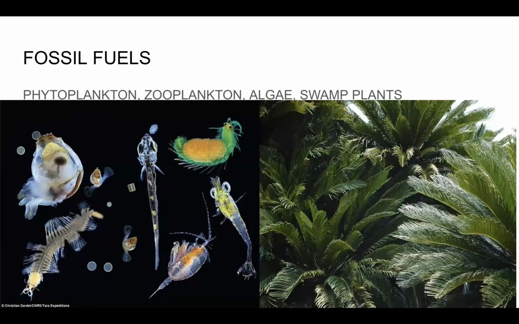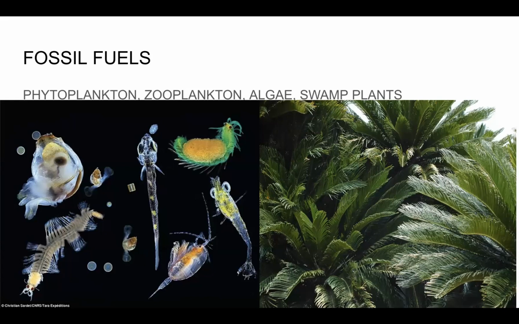Then finally, we're going to look at some fossil fuels. On the left, we can see the little tiny planktonic organisms that form petroleum and natural gas. Petroleum: petro means rock, oleum means oil. So petroleum forms from plankton, zooplankton and phytoplankton, but it's very old, 400 million years old, 500 million years old.